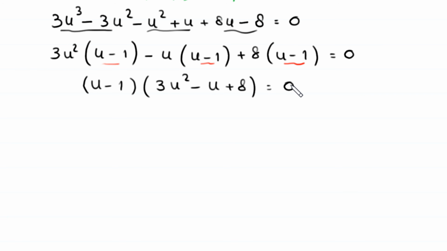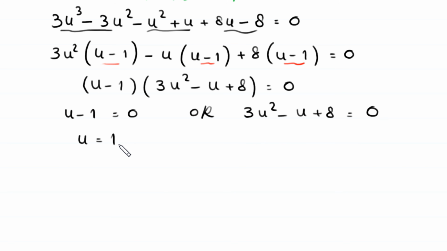equal to 0. From here, either u minus 1 equal to 0, or 3u squared minus u plus 8 equal to 0. From this equation we get the value of u equal to 1, and from this quadratic equation we see that the discriminant, also called delta, is equal to b squared minus 4ac. We check whether the discriminant is less than 0 or greater than 0.